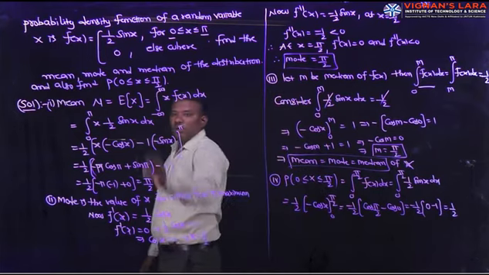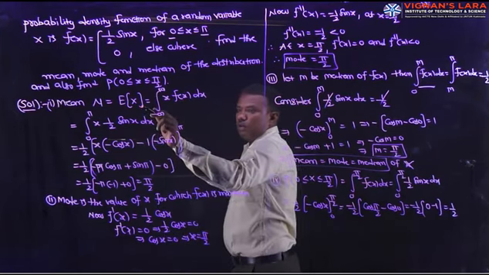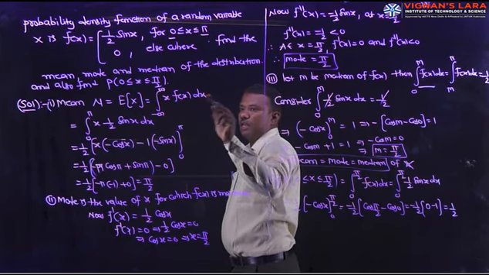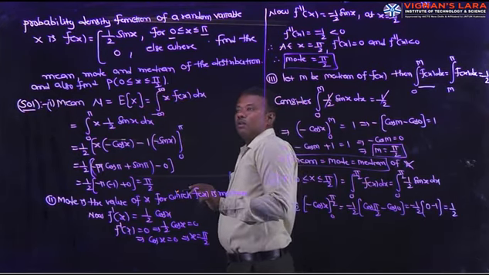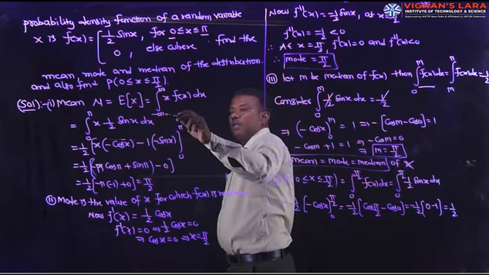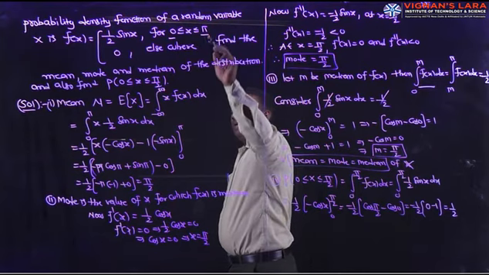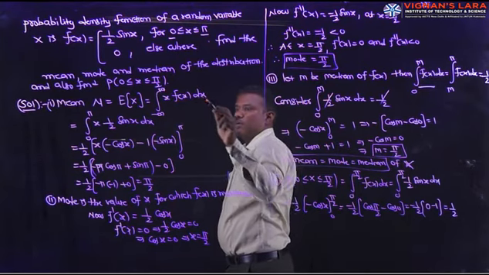First, mean mu equals E of x, which is the integral from minus infinity to plus infinity of x f of x dx. Here minus infinity is the lower limit, plus infinity is the upper limit, but here it is 0 to pi. What is f of x? 1 by 2 sin x.